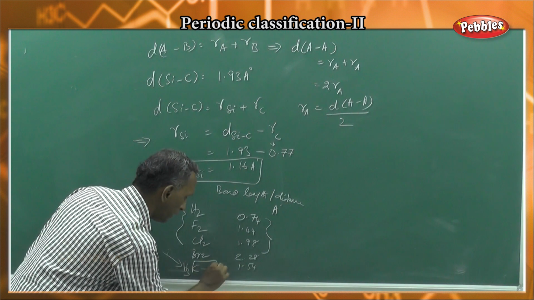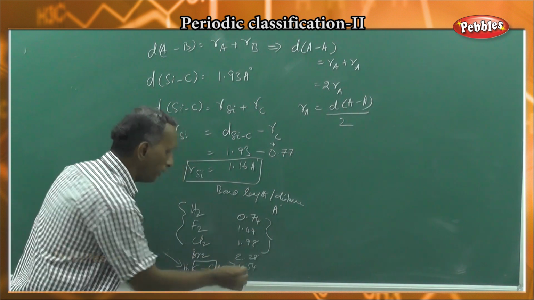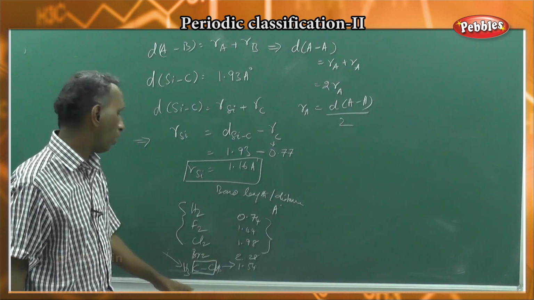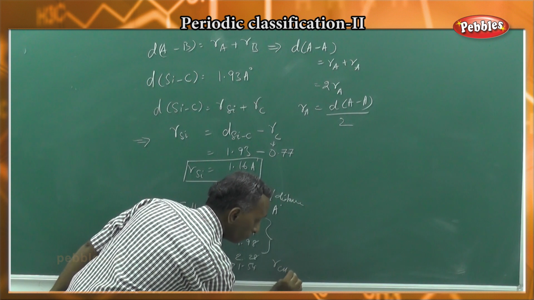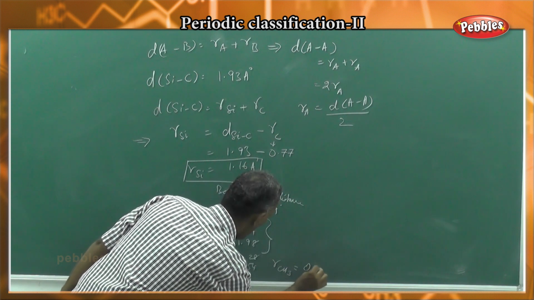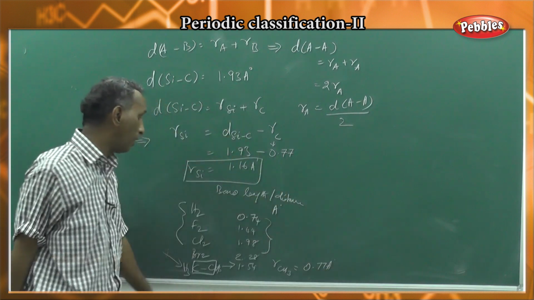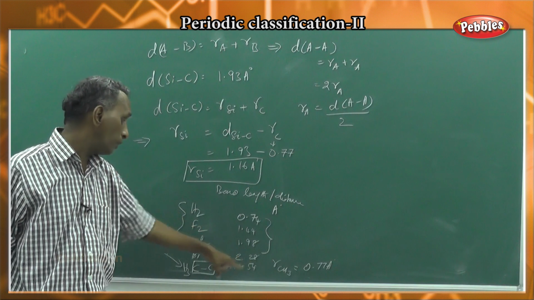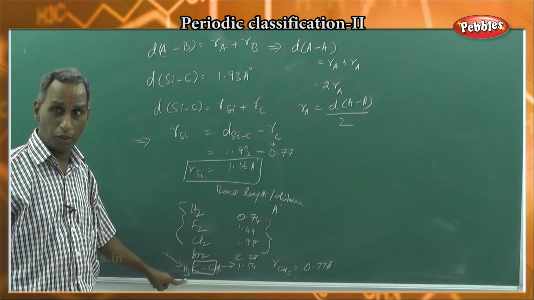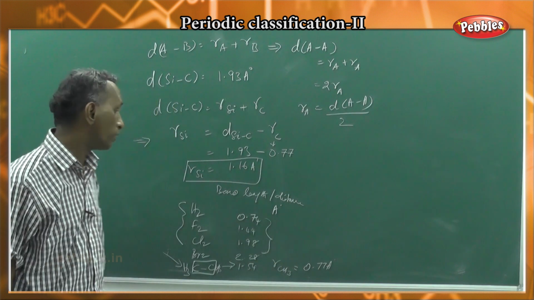The C-C distance in ethane is given as 1.54 angstrom, or in other words, the radius of a CH3 grouping equals 0.77 angstrom. So the radius of the methyl group, this is called the methyl group, this is ethane, is 0.77 angstrom.